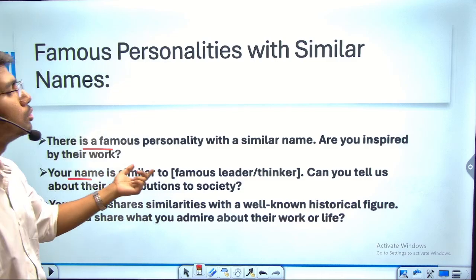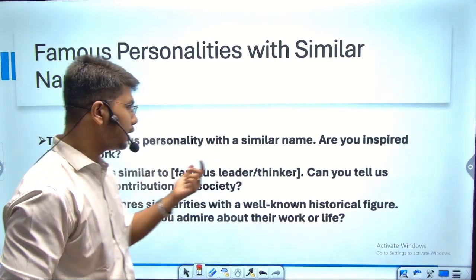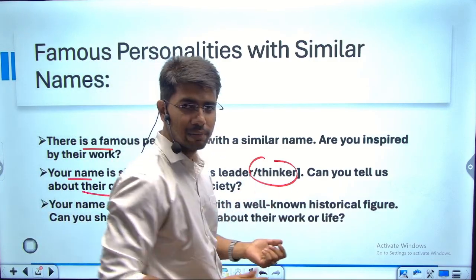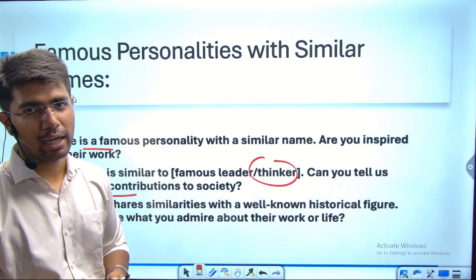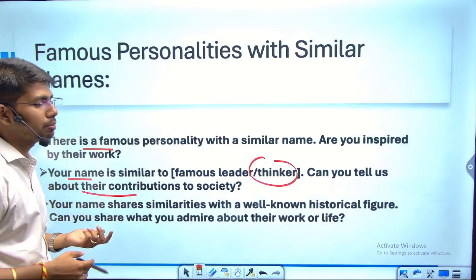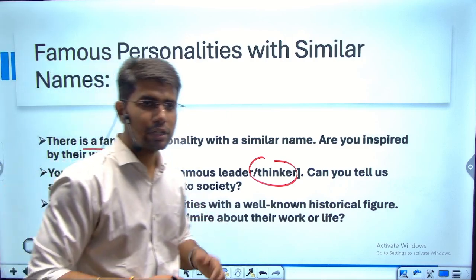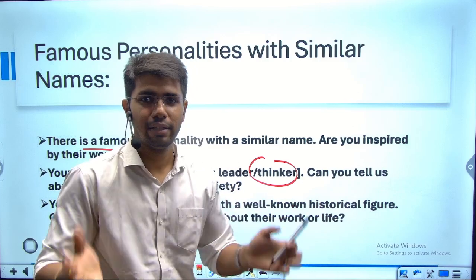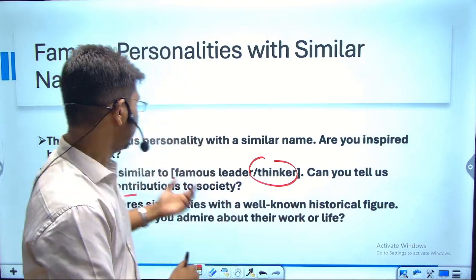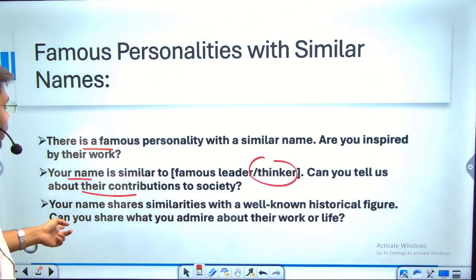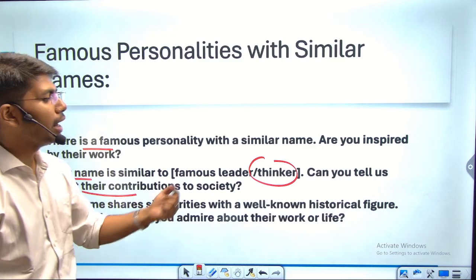Your name is similar to a famous leader or thinker, can you tell us about the contributions to society? For example, your name is Chanakya, so you should know everything about Kautilya, Chanakya Niti. It is common to some famous personality, famous leader. For example, if your name is Narinder, you should know about Narendra Modi and stuff, right? Your name shares similarities with a well-known historical figure. Can you share what you admire about their work?